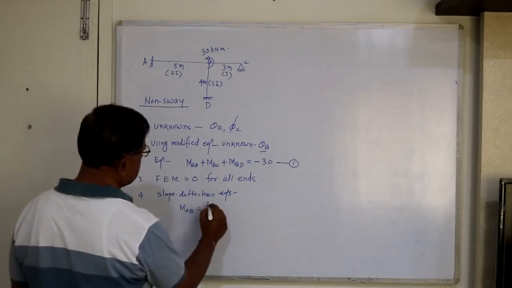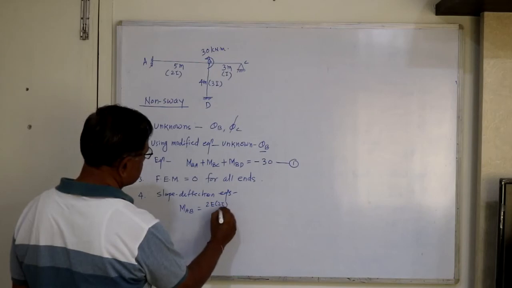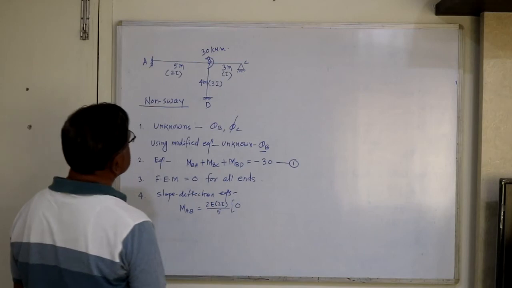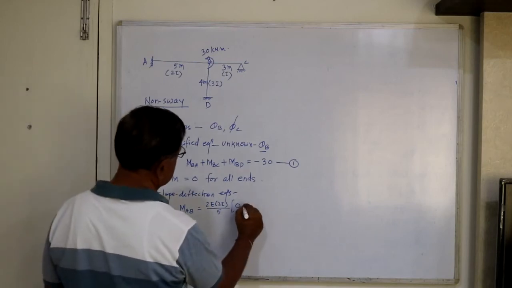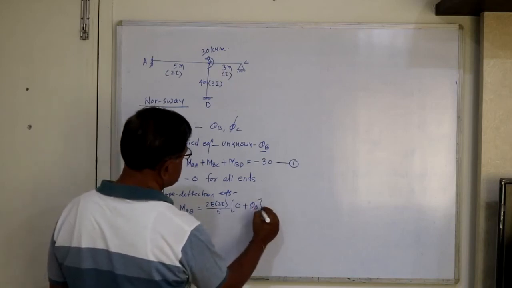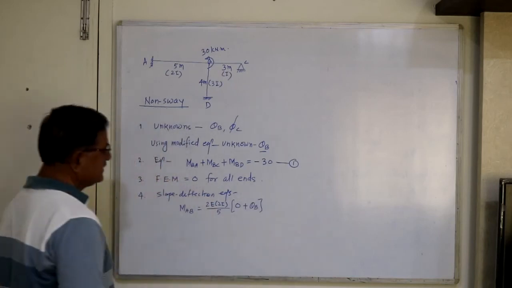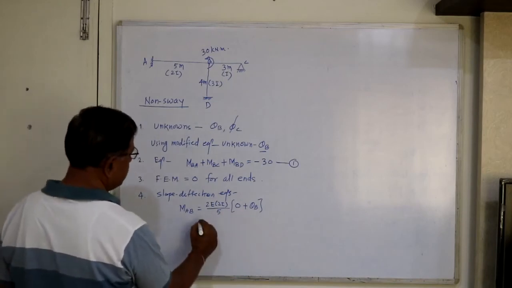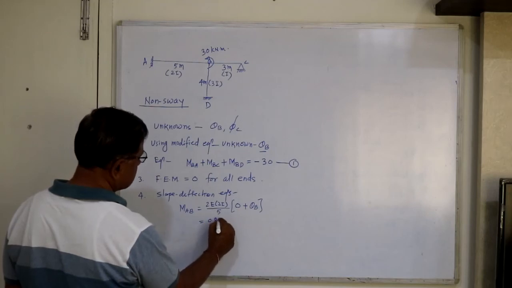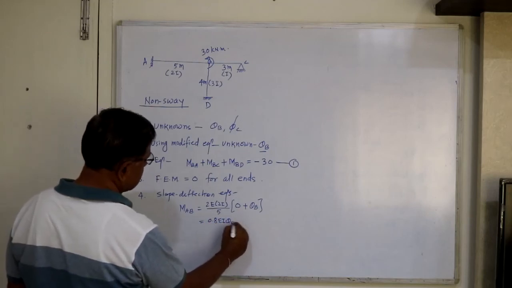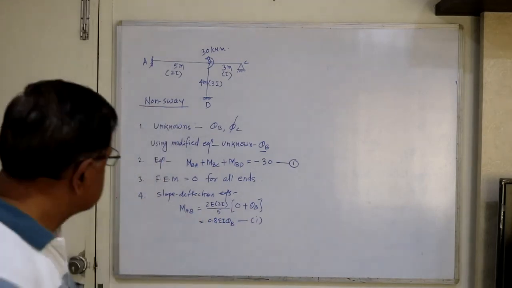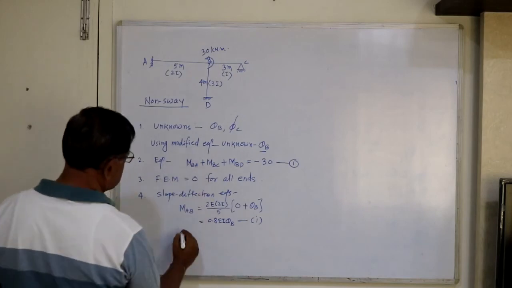That is MAB. Now I will substitute the values directly. MAB equals 2EI, value of I is 2I, divided by L, into bracket theta A is 0. So 0 plus theta B, there is no delta and no fixed end moment. So this is the only term: 0.8 EI theta B, equation 1. It's a very simple problem.